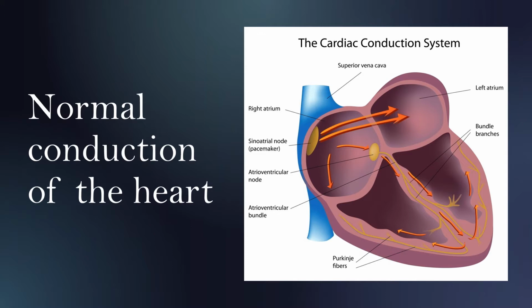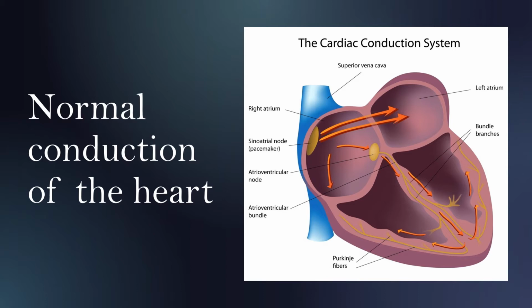Now, the conduction system of the heart is controlled by several structures in the heart. These structures are the sinoatrial node, or SA node, which is right here in the heart. The atrioventricular node, or AV node, which is right here.